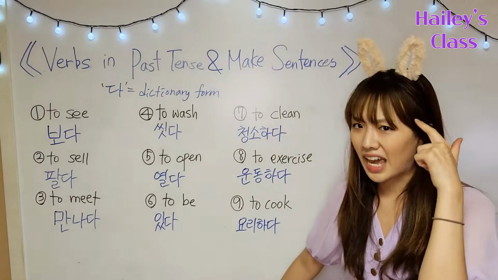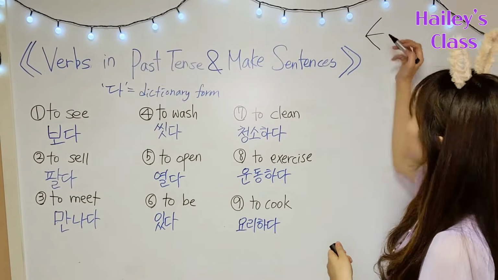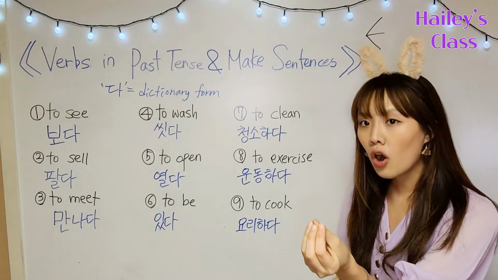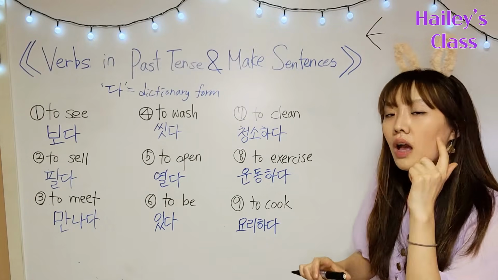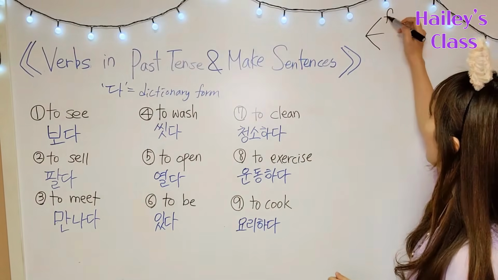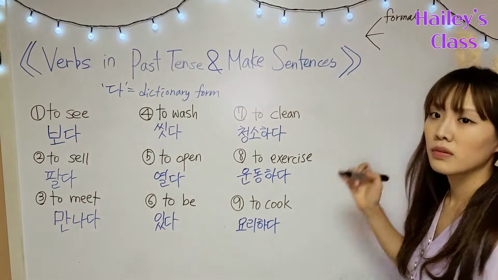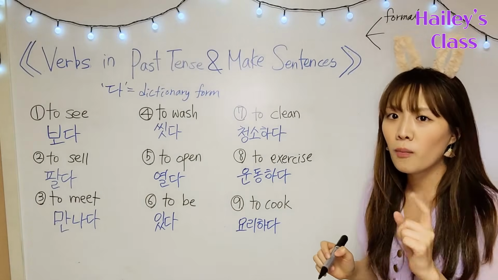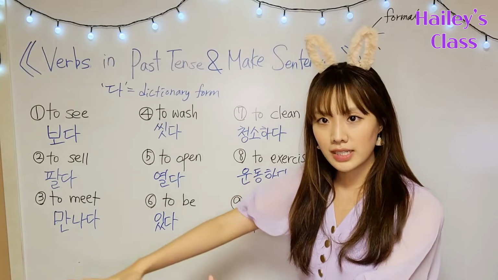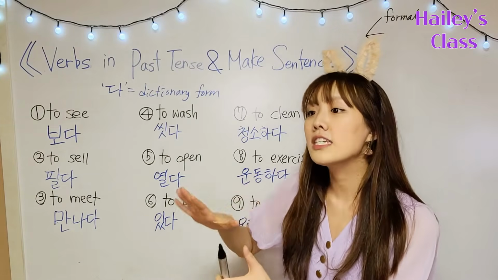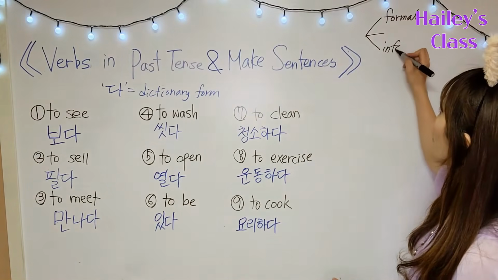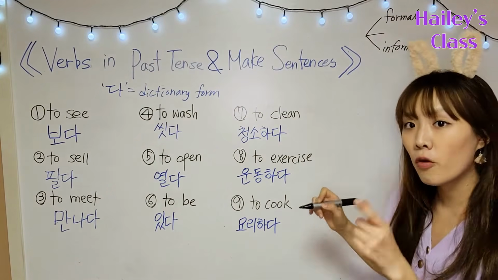There are 3 ways. When we talk, we have to consider, okay, I'm talking to the teacher, and then we have to say it in a formal form. But when I talk to my younger sister, when I talk to younger people, it's informal form.